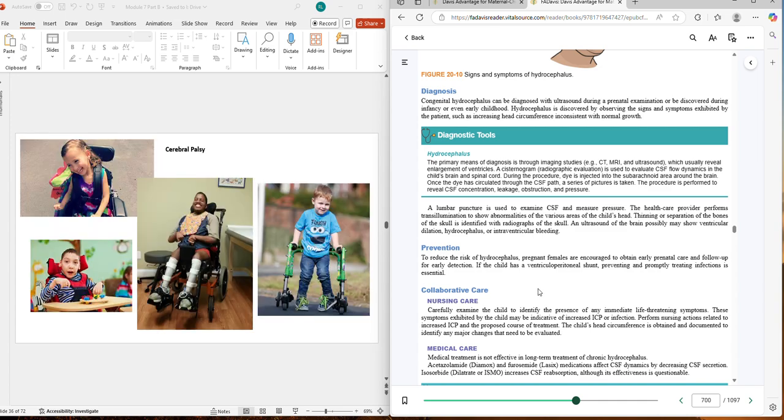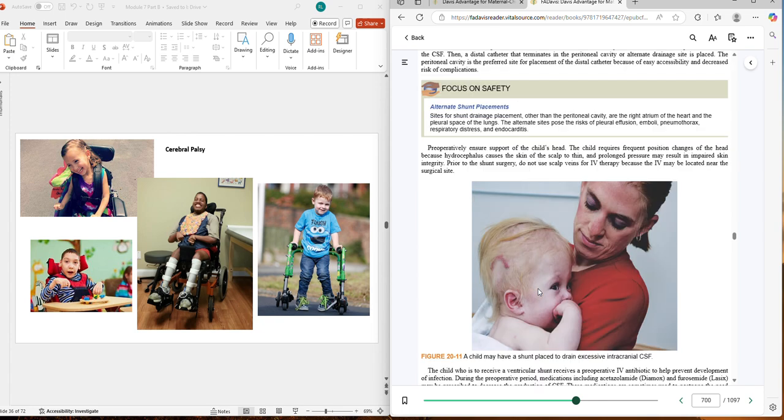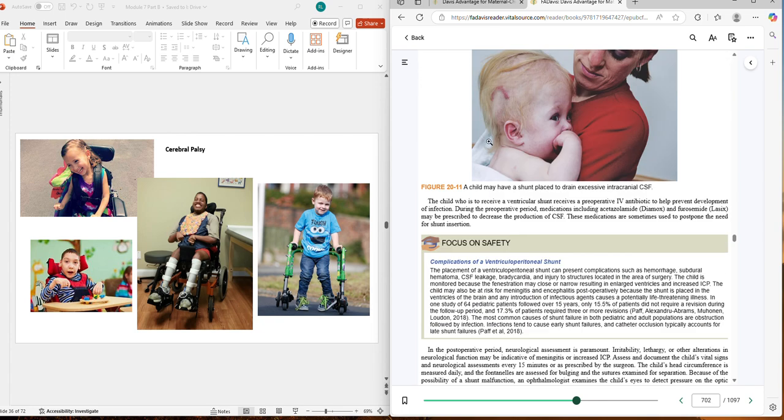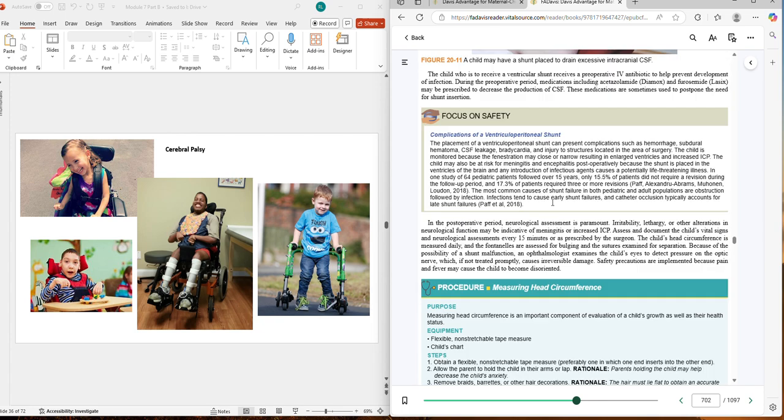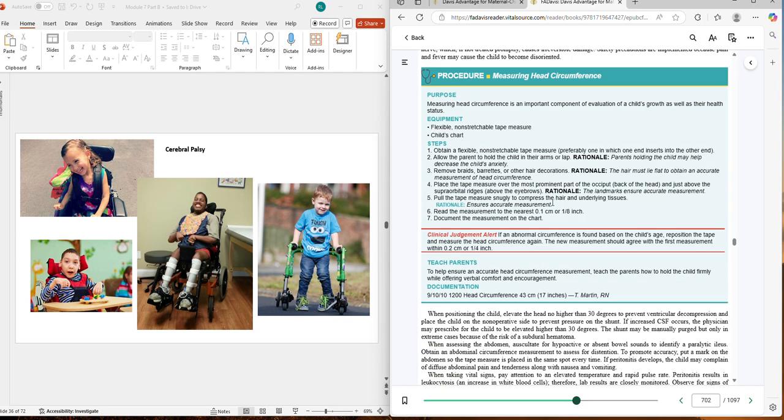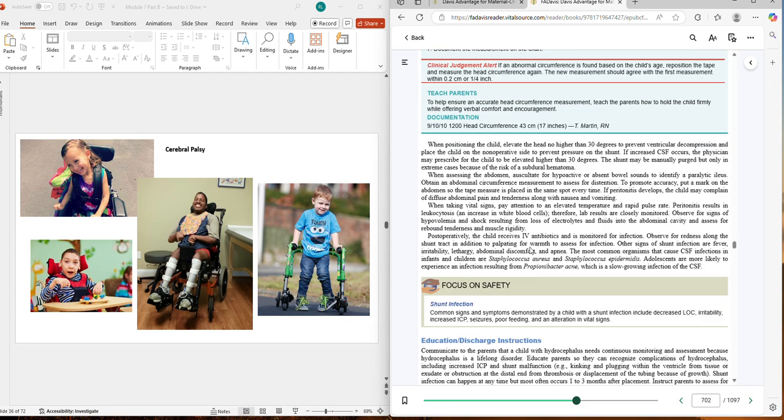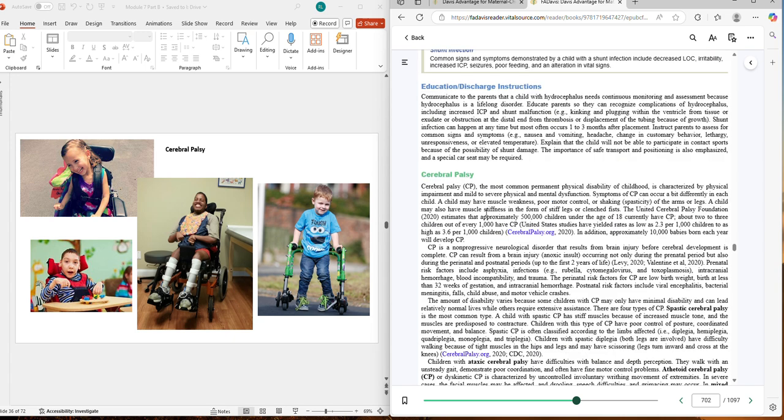Cerebral palsy. This starts on page 702. And this is after the shunt is placed. 702 talks about measuring the head circumference. All right, here we go. So it's the most common permanent disability in childhood. It cannot be detected before birth, okay? Sometimes it's caused during birth.